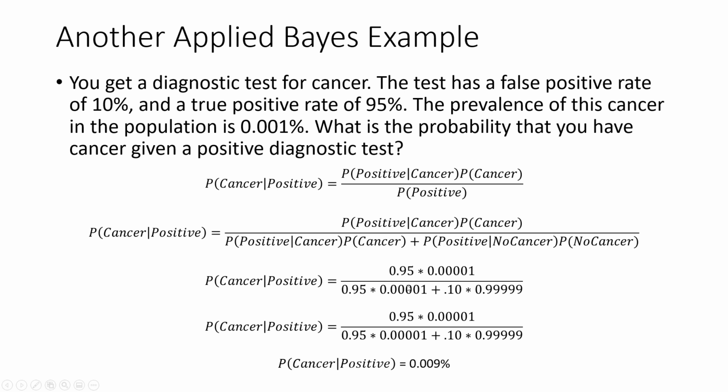Again, true positive rate, prevalence plus, and this is 0.10 because this is our false positive rate times, and then this is the probability that you don't have cancer, the prior probability that you don't have cancer. So it's 1 minus 0.00001, right? Do the math, and ultimately the probability that you have cancer given that you have a positive test is 0.009%.